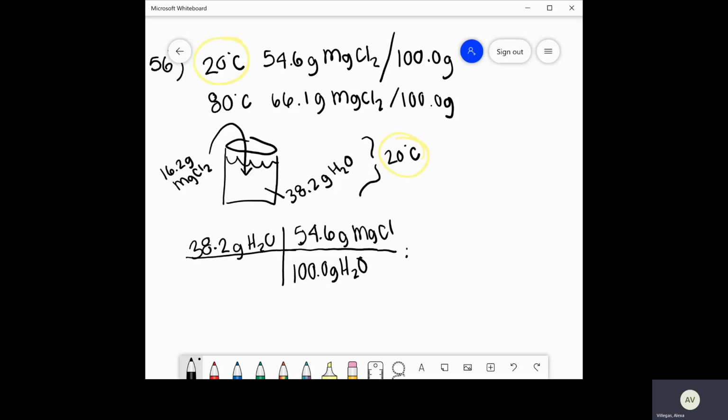And when you calculate that across, you should get 20.85 grams of magnesium chloride. And since these are each 3 significant figures, that means this goes to 20.9 grams.